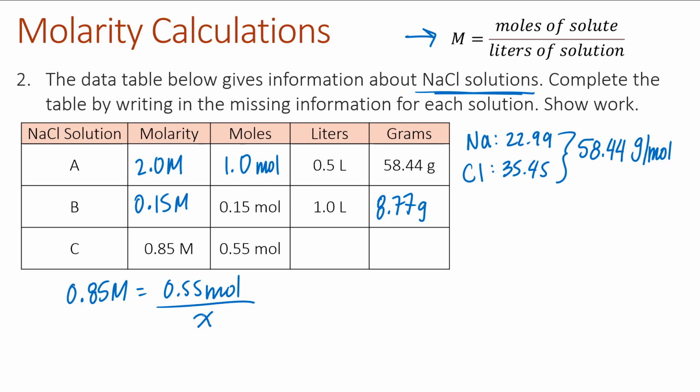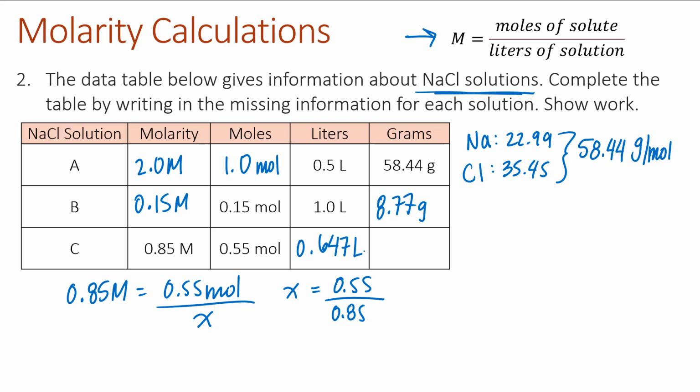So in order to solve this, I'm going to end up with 0.55 divided by 0.85. And so when I solve that fraction, I'm going to get that the liters, X, is going to be 0.647 liters. So about 650 milliliters here.